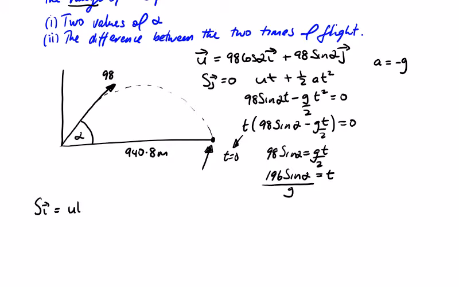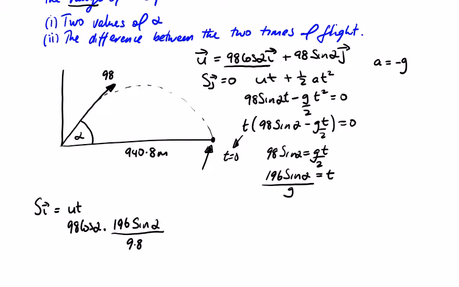That's going to be equal to ut, because we don't have any acceleration with a non-incline for my i direction. So 98 cos alpha by the time, which is 196 sine alpha over g, and 9.8 does divide into 196.